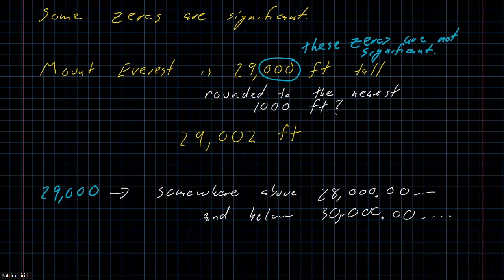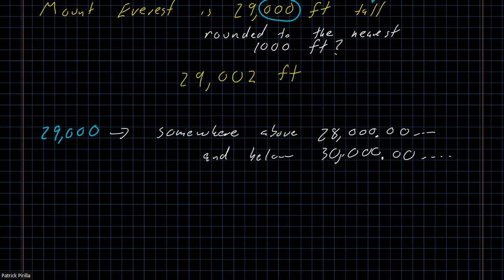Putting a decimal point in, putting lots of zeros in to try to emphasize the exact value 28,000 feet and the exact value 30,000 feet. When we write 29,000 feet, we're assuming that the approximation is somewhere in that range. That's the quality of measuring equipment that we used to take this measurement.